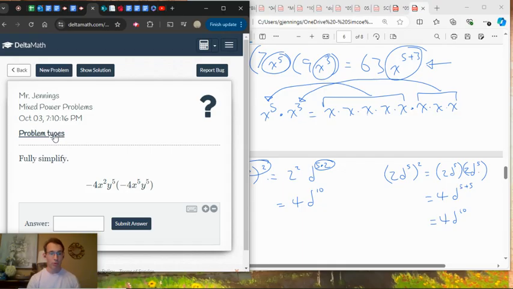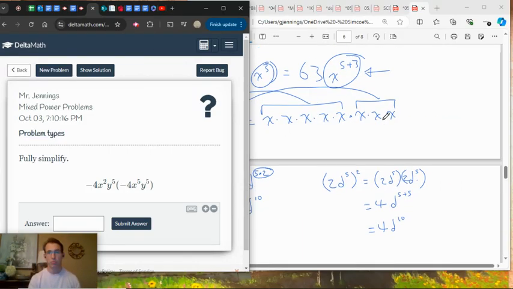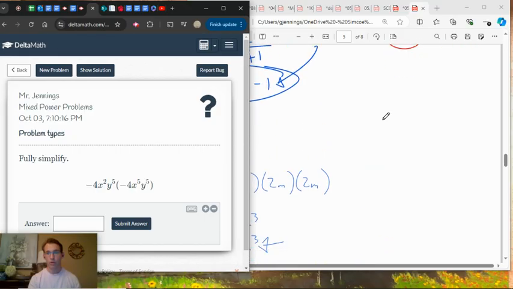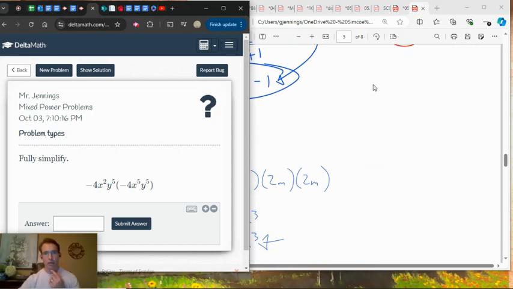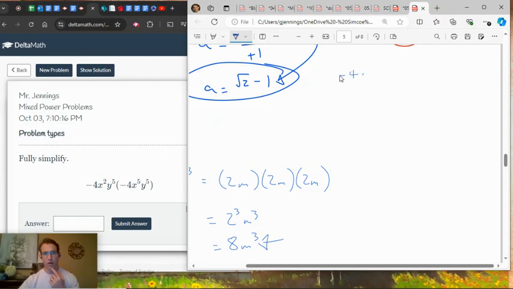When we get into mixed power problems, there's a little bit more going on, so you may need your scratch paper a little bit more. Okay, so I copy this down, negative 4x squared y to the 5 multiplied by negative 4x to the 5 y to the 5, okay? And then you want to quickly do like, okay, this is negative 4 times negative 4.